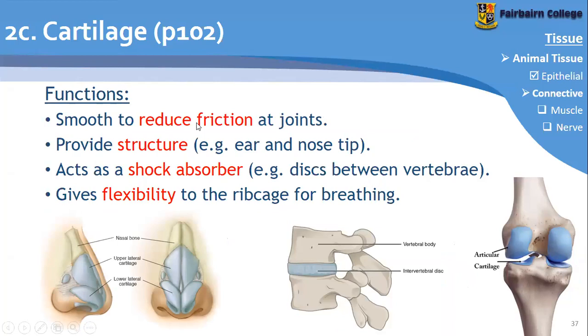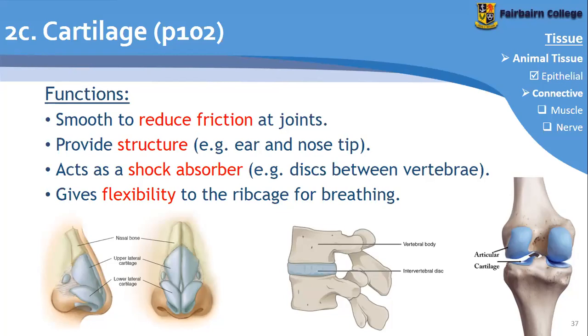So in between, let's say your elbow joint, if you move your elbow up and down the whole time, then if there was nothing in between, the bones would be grinding against each other. And if you've ever taken a hard object like a rock and rubbed two rocks together, then you would know that it creates quite a bit of friction, and the friction results in some pieces of the rocks breaking off and becoming dust.